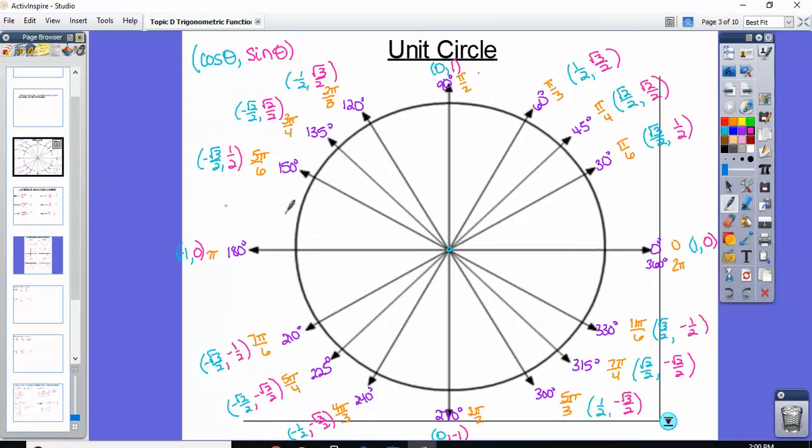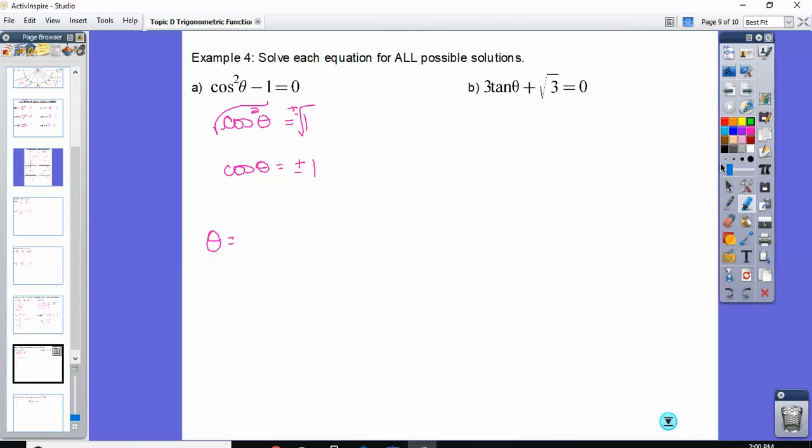If you think about your circle, cosine is the x. So we can see it's 1 here, and it's -1 here. So I'm getting 2 answers: 0, which is the same as 2 pi, or pi.